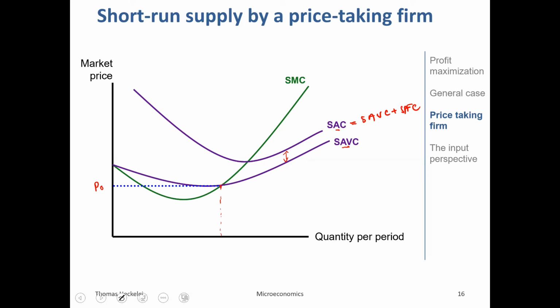So at that point, because it is also on the short-run marginal cost curve, that's the profit-maximizing output level the firm should produce at, and what you get is P0. Now, what you pay in this case, the average variable cost, is exactly the same. So your profit in this case will be 0.